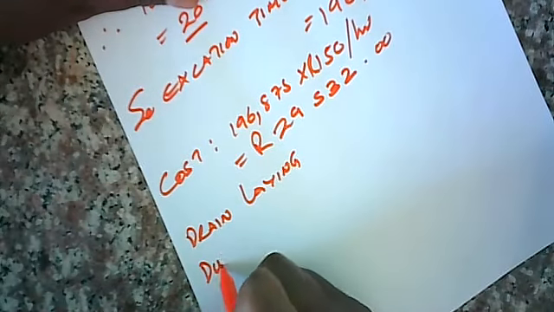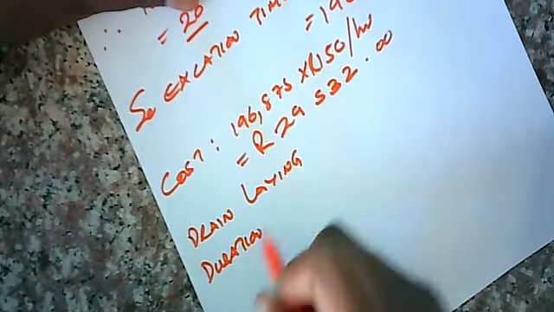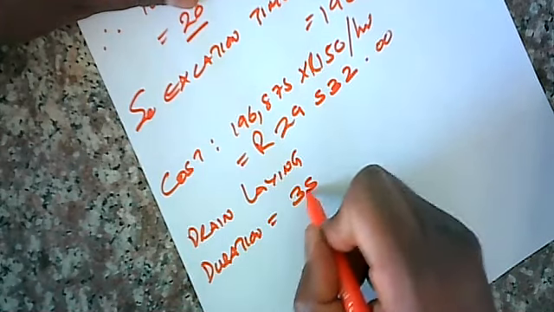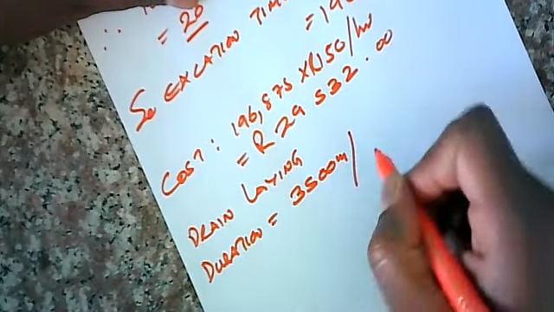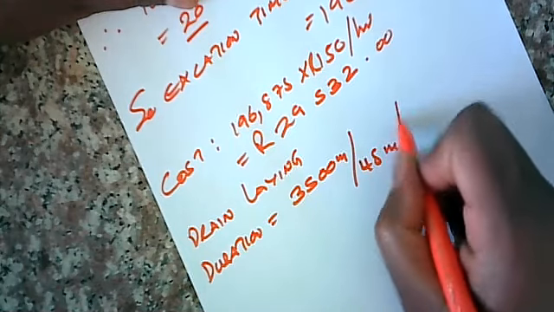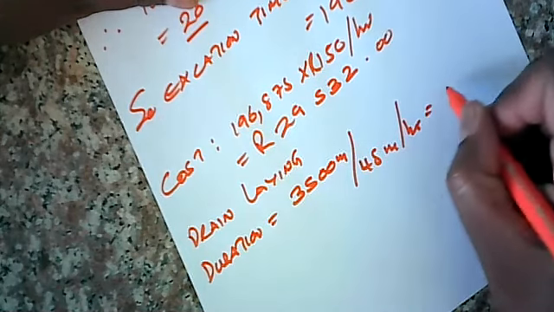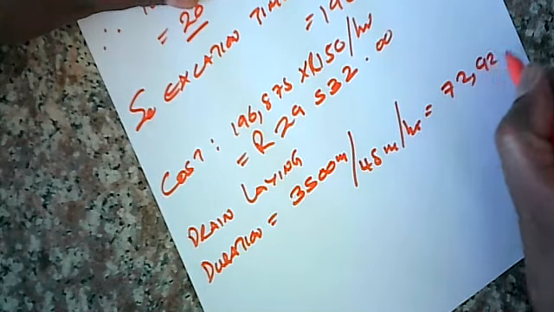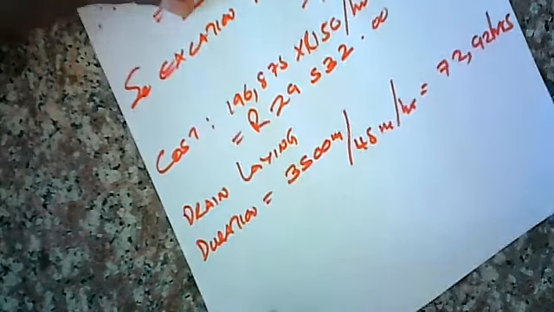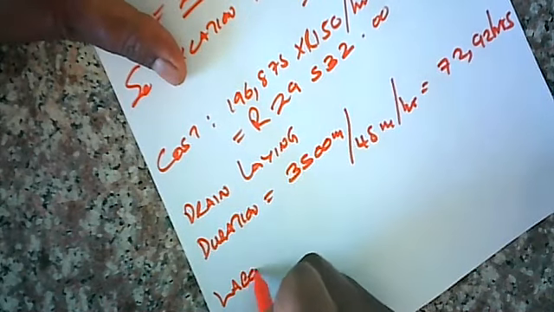All right, duration: 3,500 meters, 48 meters per hour as a given, and we're getting 72.92 hours for draining it. And we're given the labor requirements.